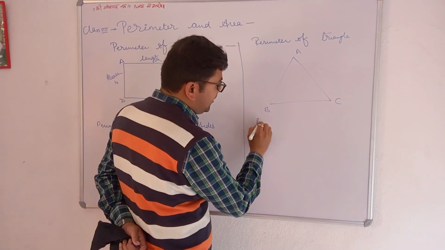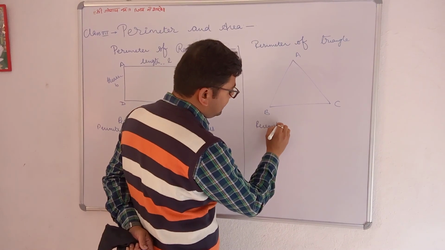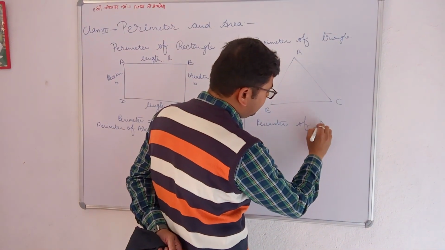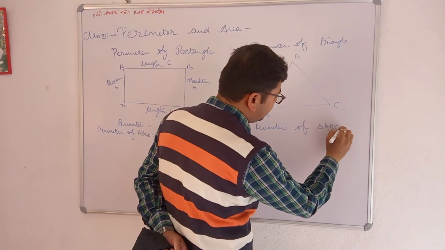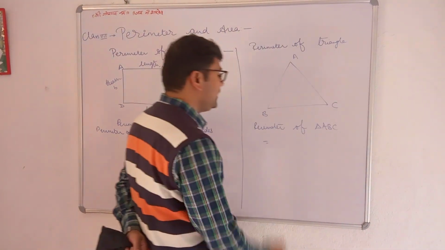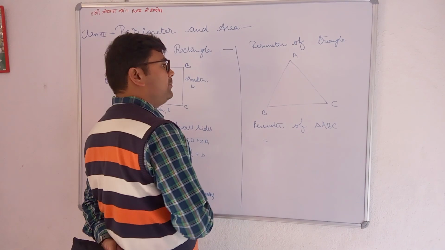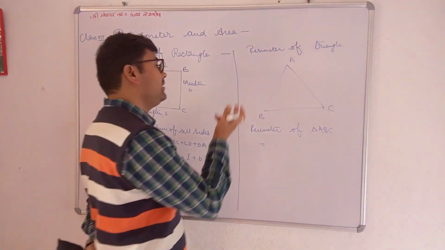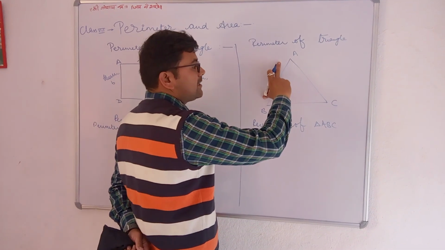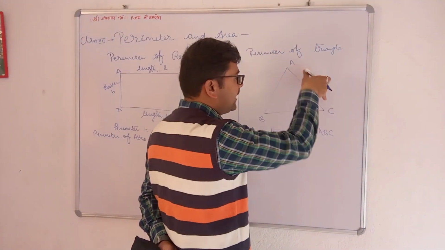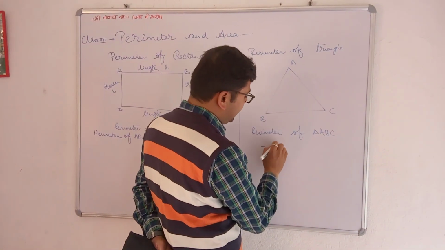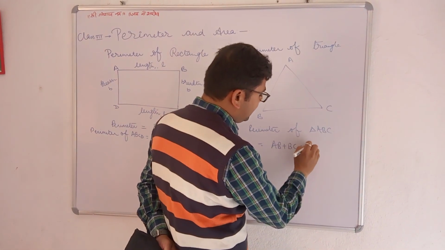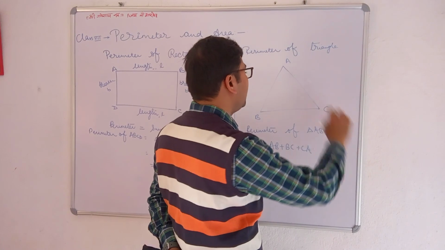What will be the perimeter of triangle ABC? I have told you that the perimeter is nothing but the boundary. What is the boundary of triangle ABC? That is side AB, side BC, and side CA. Therefore, AB plus BC plus CA will be the perimeter of this triangle.